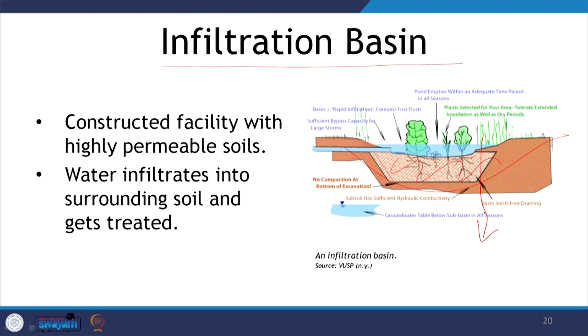In addition to just gravel, which we saw in the infiltration trench, we would have a lot of plants and vegetation, the roots of which help in maintaining the looseness of this substrata, and it helps the water percolate down.